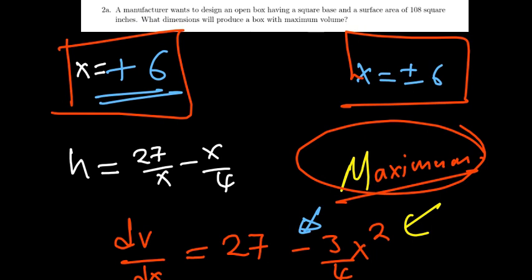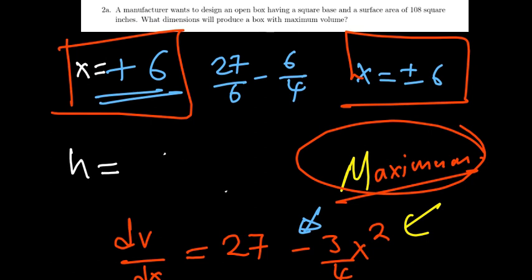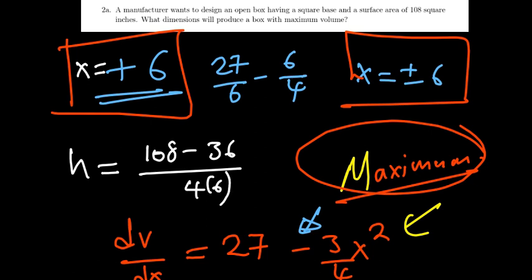So 27 over 6 minus 6 over 4. Or you can go back to the previous form, which was 108 minus x squared, which is 36 in this case, over 4x, 4 times 6. Whichever is easier for you.